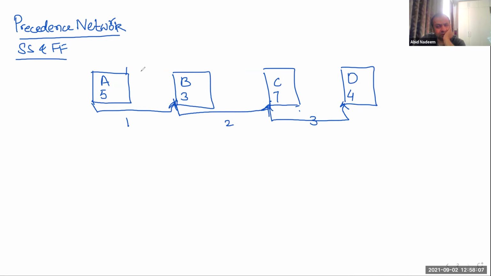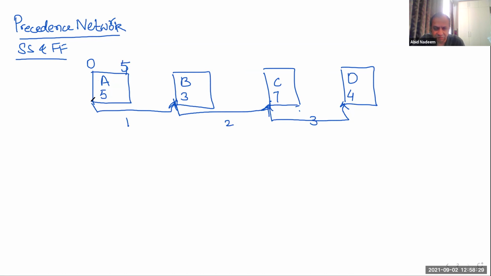Correct. So suppose we have this kind of relationships here, where we are just including start to start. How can we perform the calculations? We start from 0, and 0 plus 5 will be 5. But now between A and B there is a start to start relationship.